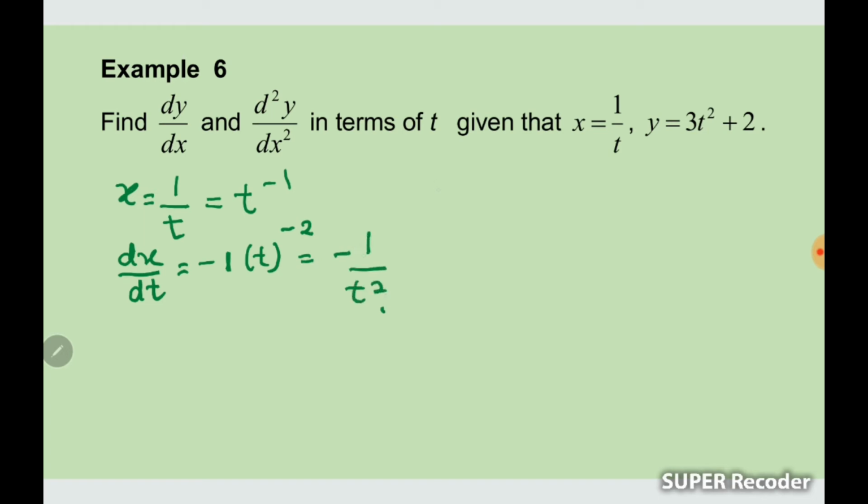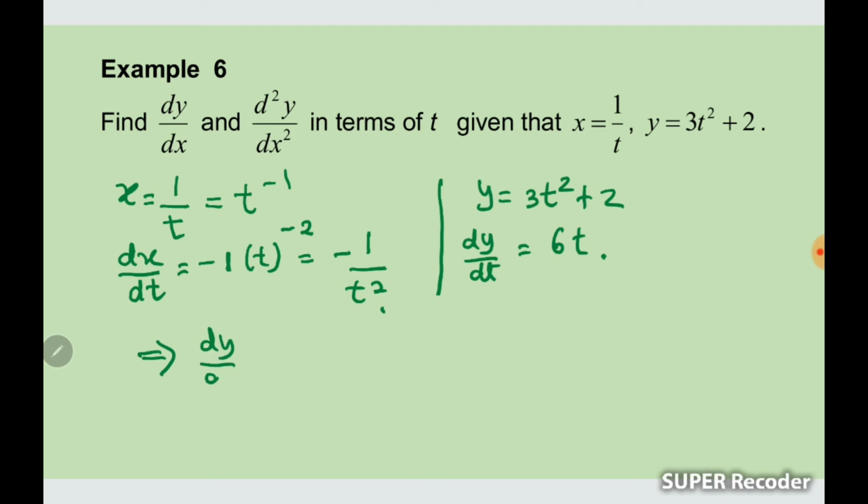Okay, what about y? y is equal to 3t squared plus 2. dy dt is equal to 6t. Therefore, dy dx is equal to dy dt, which is 6t, and you have to multiply with dt dx.